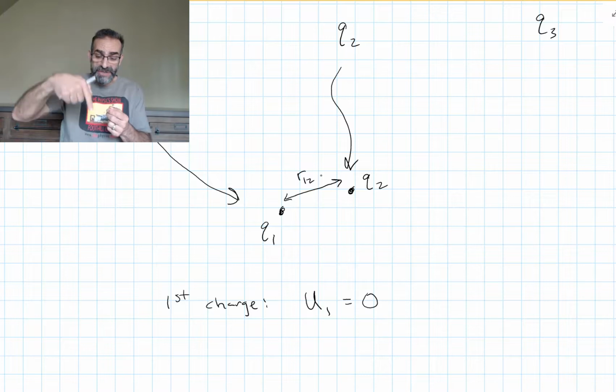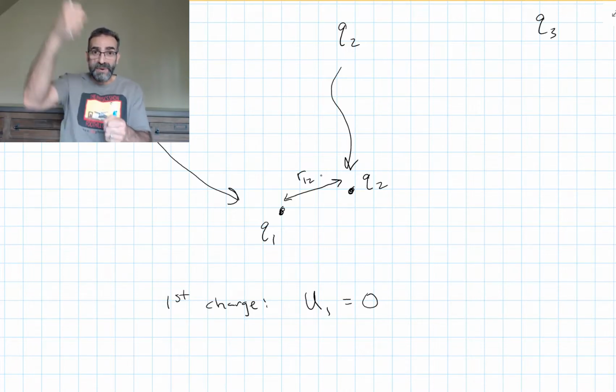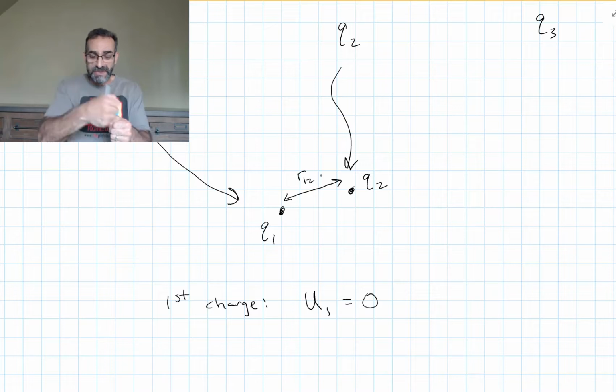We had to push Q2 in because it's being repelled by Q1. And if they're opposite signs, we had to do negative work because it's being attracted and pulled in faster and faster toward Q1, but we had to slow it down and stop it a distance R12 away from Q1. So we had to do negative work on it. Either way, whether this charge is positive or negative, we had to do some work on it.